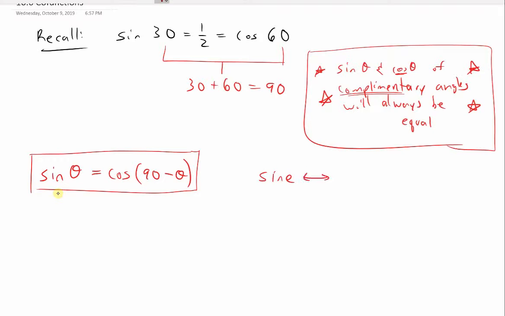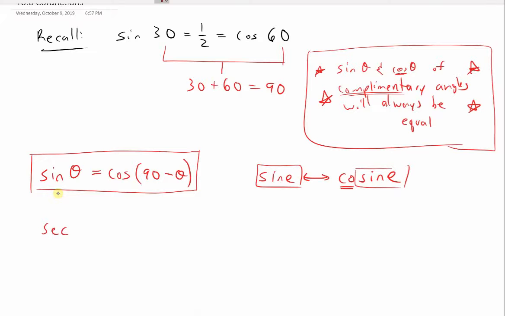The prefix co. The word is identical minus the prefix co. This is why it's called the cosine function, or it's related to why we call it the cosine function. They are cofunctions of each other. Sine of an angle is equal to the cosine of its complement.